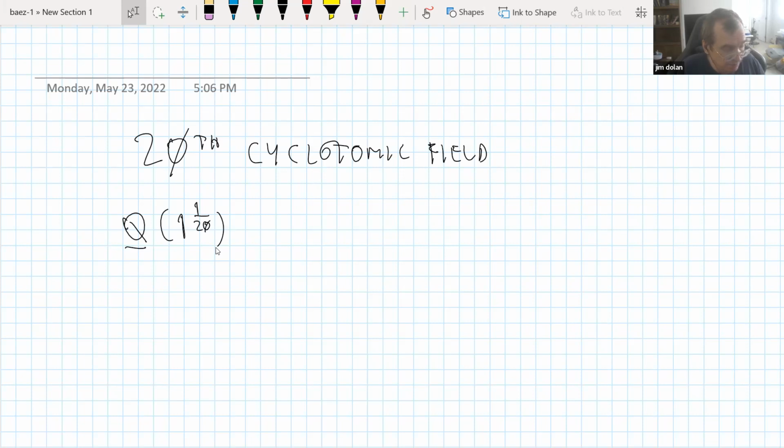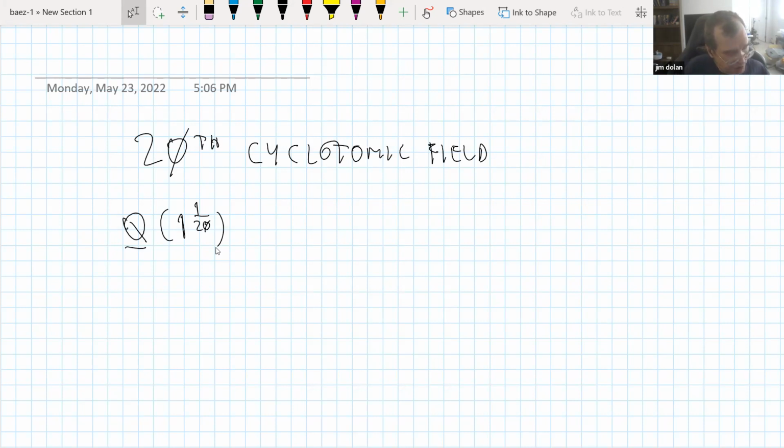And then the Galois group is, right, all the other, is this right? You can say that in a certain sense this is the walking primitive 20th root of unity. So the automorphism group should consist of all the other primitive 20th roots of unity in this field. Mm-hmm.